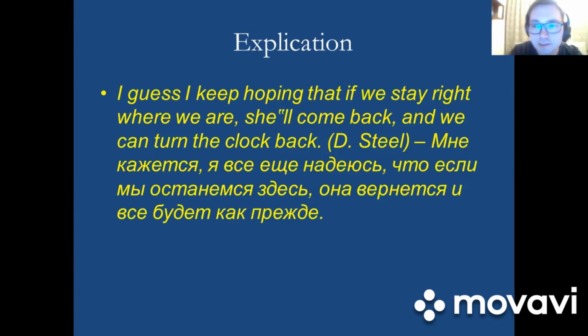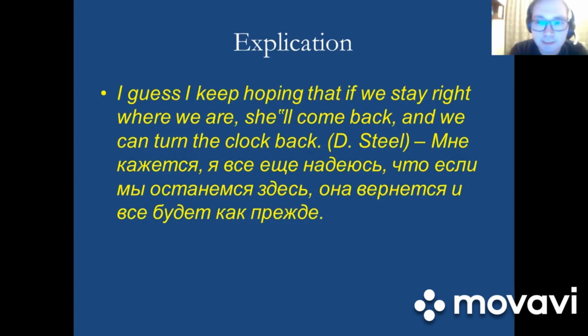Explication is another method of translating metaphors. So explication, in other words, is explanation, when we do not substitute a metaphor by another metaphor, but express the meanings through explanation.